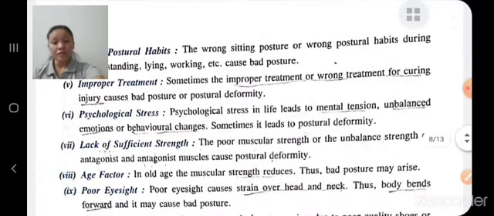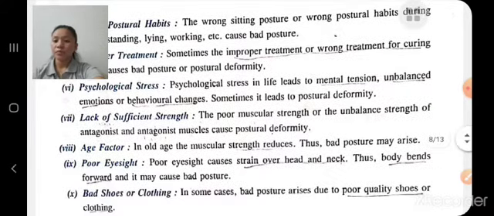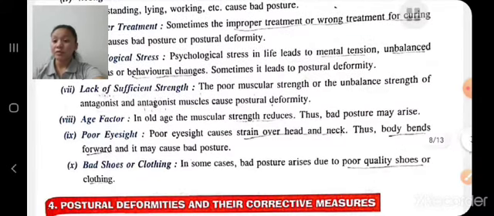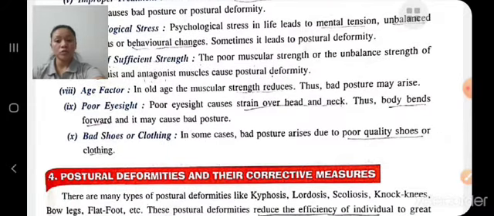Lack of sufficient strength: if there is lack of strength in his muscles, he may have posture deformity. Age factors: as age increases, his posture will get bad. Poor eyesight: if a person has poor eyesight, he will bend forward, which may cause bad posture. Bad clothes and shoes are also causes of bad posture.